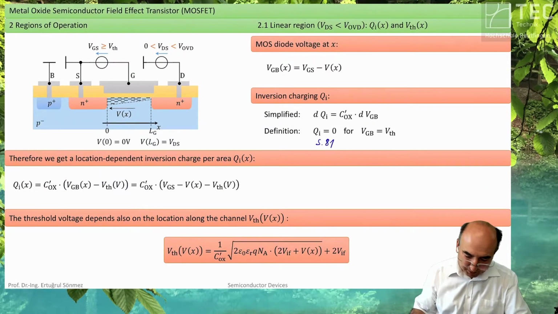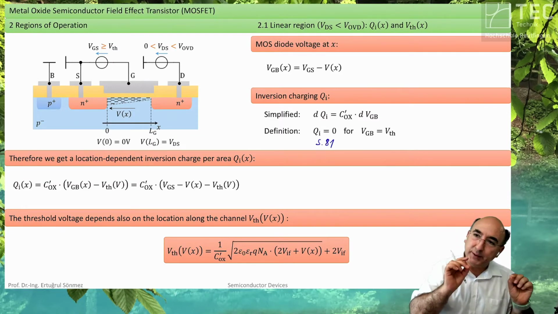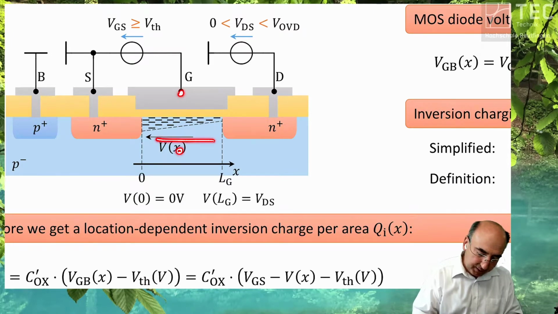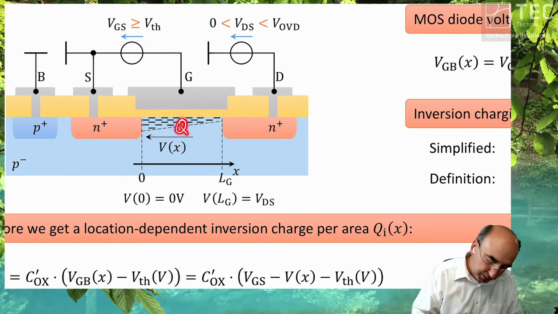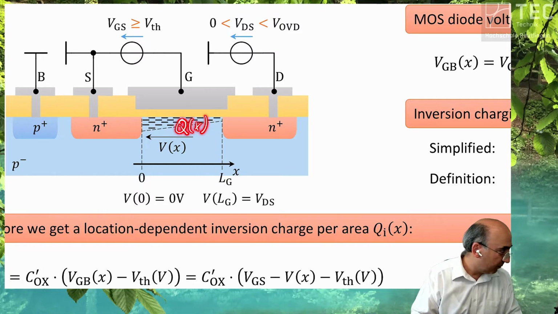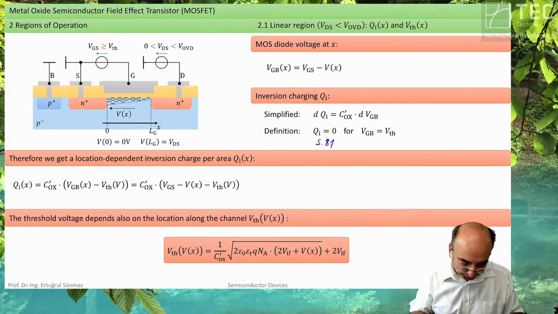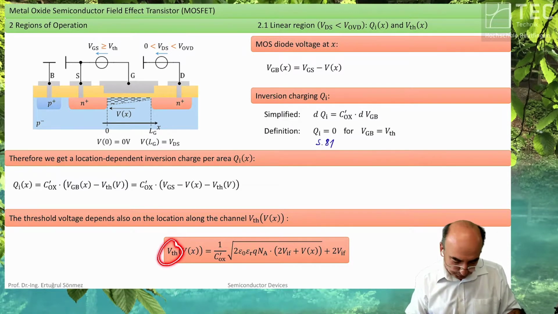Okay, so we have something. My aim is that you understand the following: your gate bulk voltage is a function of X. Therefore, Q is a function of X. And therefore, the threshold voltage is a function of the location.